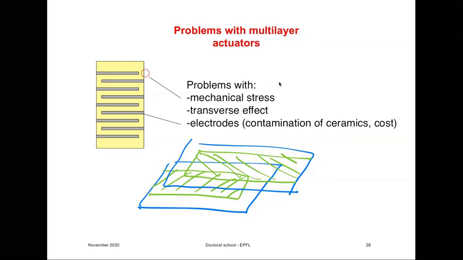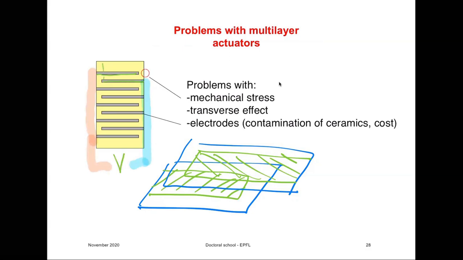The problem here is that at the end, the electrodes would cover only part of the ceramic. So these are electrodes. You have electrodes like this and like this. And then you connect here voltage.